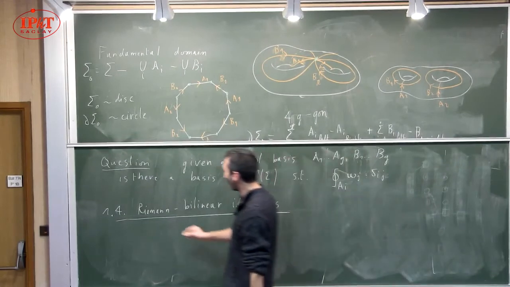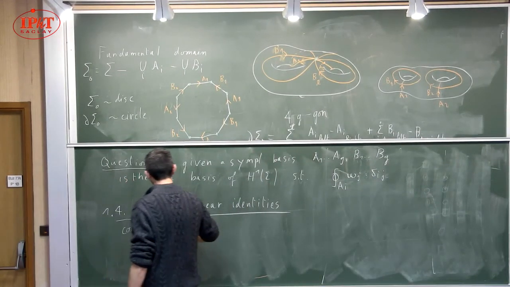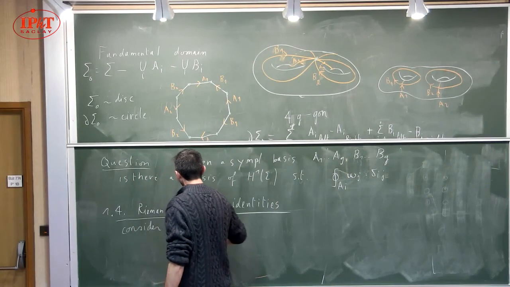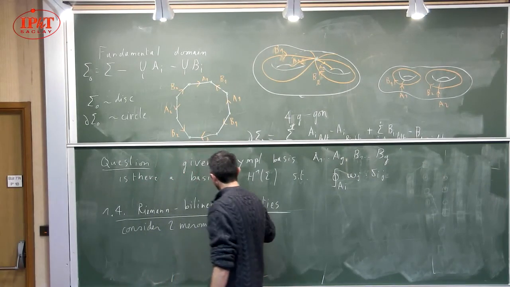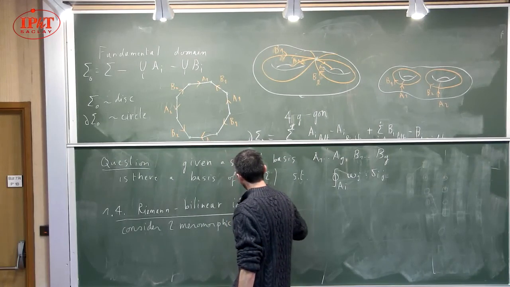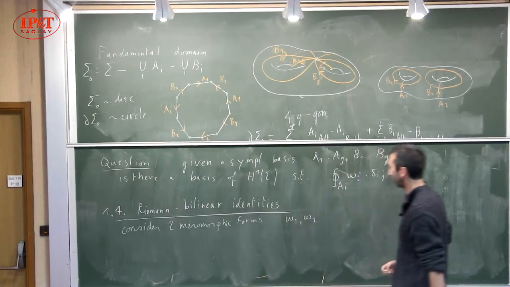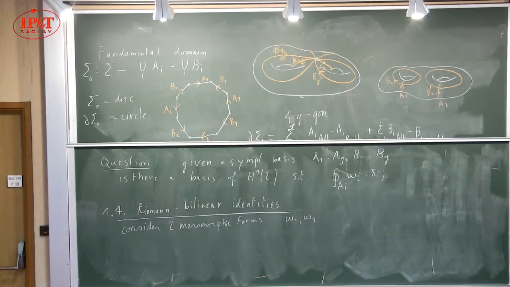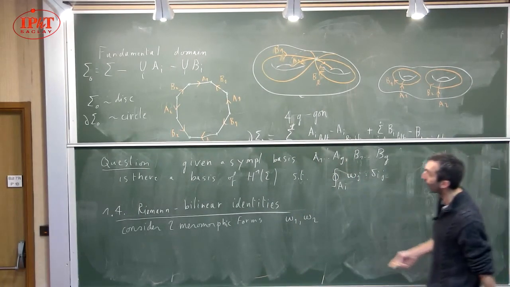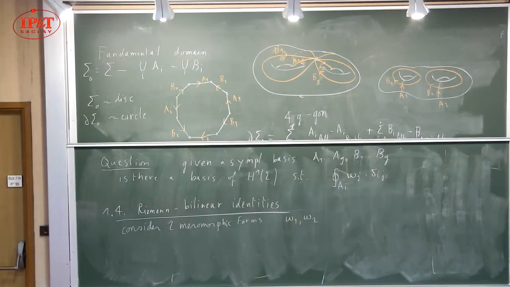So now consider two meromorphic forms, omega 1 and omega 2. They can have poles, and we shall assume that the poles are not on the boundary. We can move the contours by homotopy.